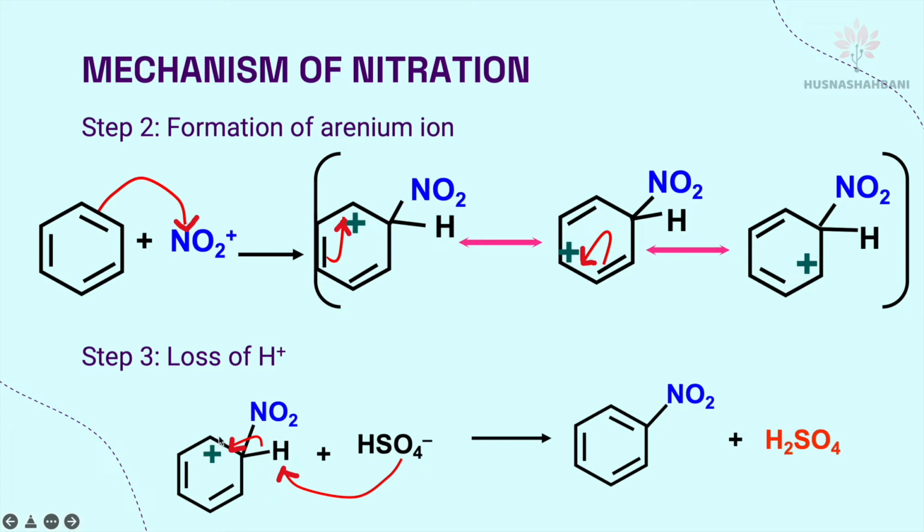And then step number 3 is loss of a proton in the form of H+. Since this carbon is positively charged, the HSO4- forms a bond with the hydrogen over here, and this bonding electron pair is used to form a double bond in the arenium ion, making a stable aromatic ring again with a substituent of NO2.